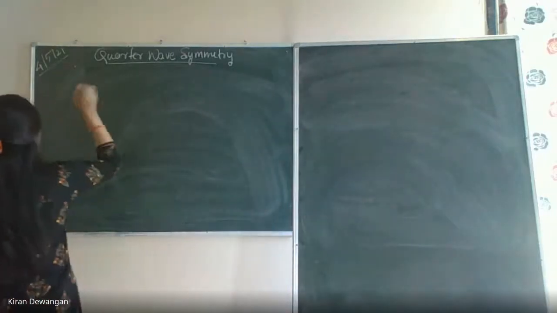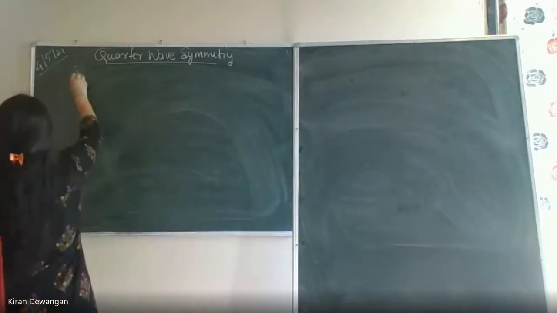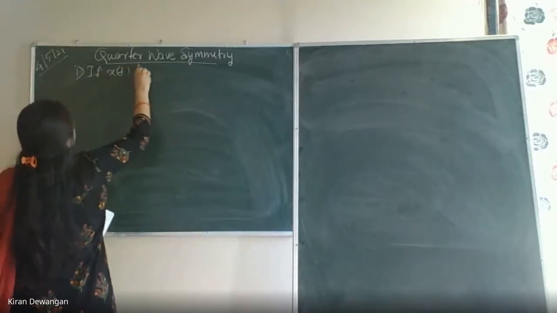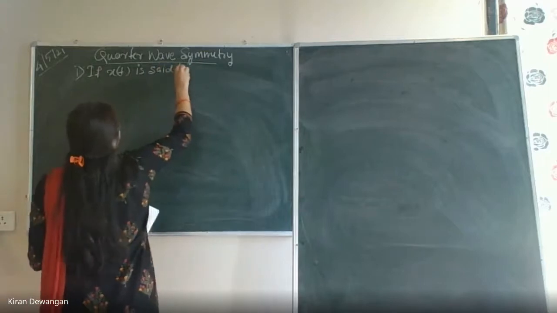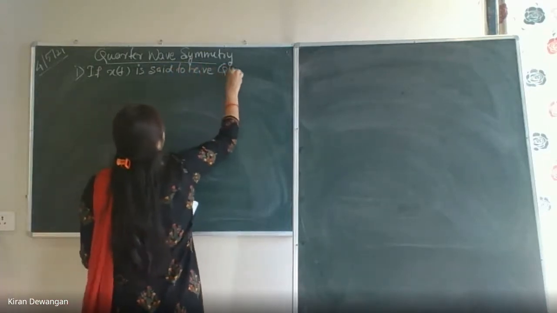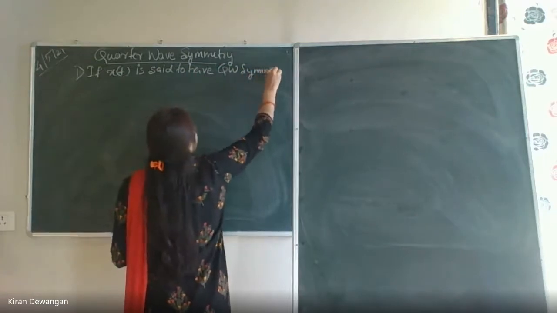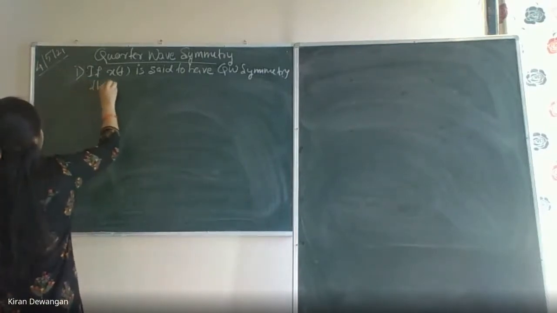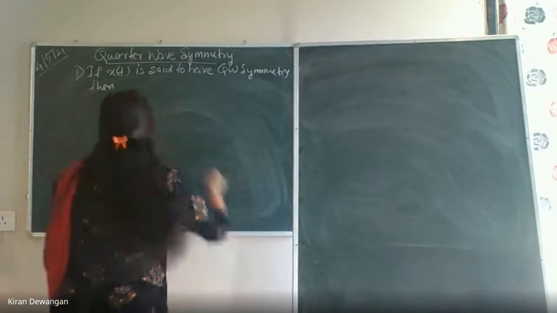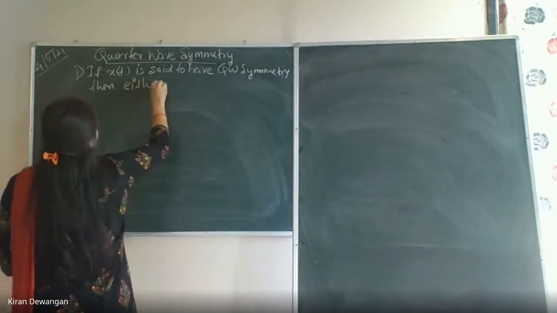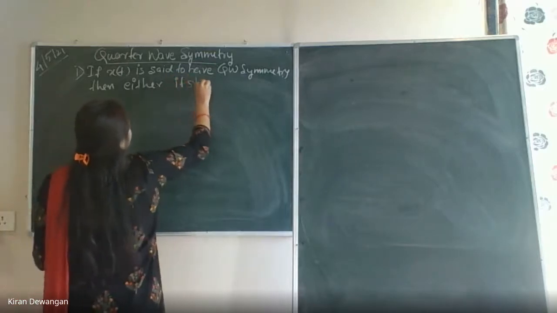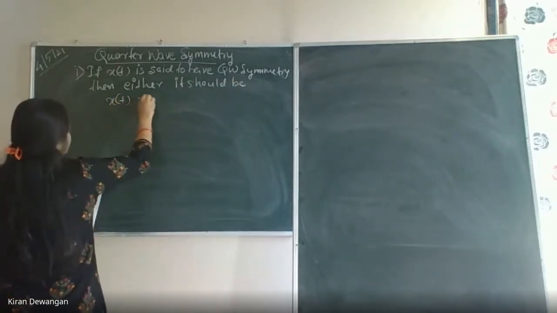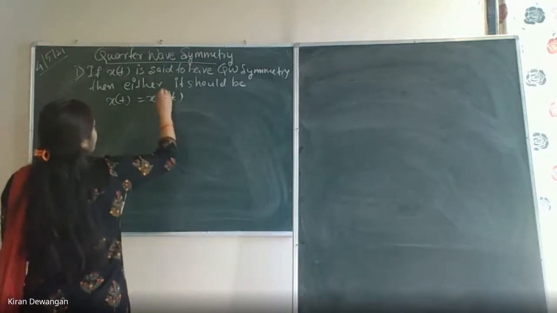Now if the function is said to have quarter-wave symmetry, the first and important point, if x of t is said to have quarter-wave symmetry, then either it should be x of t equals to x of minus t.